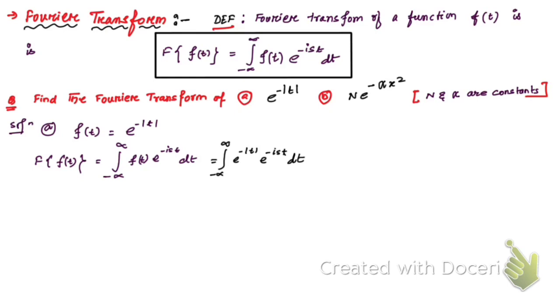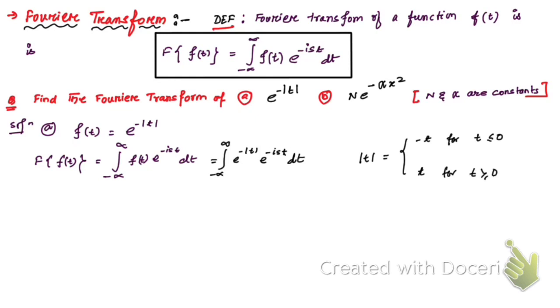Now we know the definition of the modulus function: mod t is equal to minus t for t less than or equal to 0, and plus t for t greater than or equal to 0.